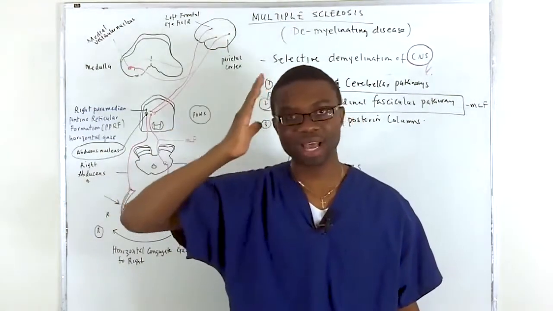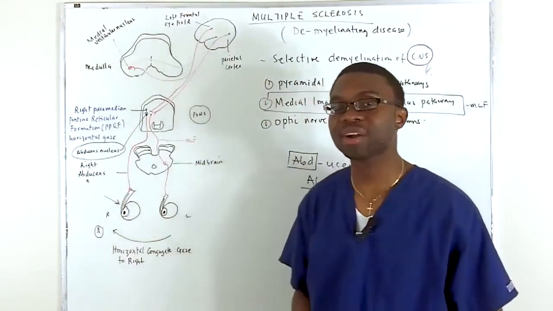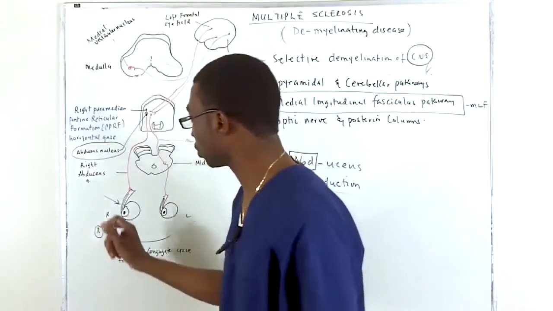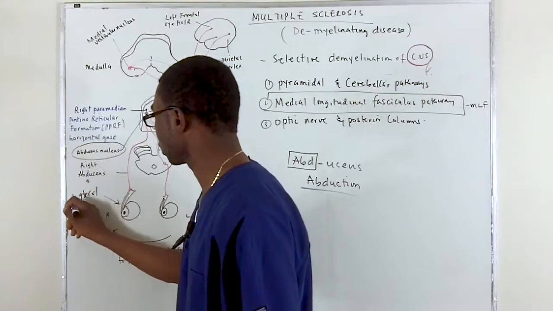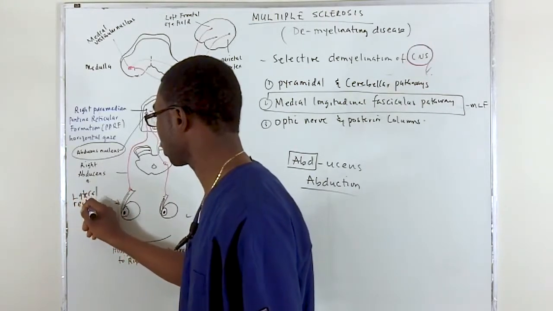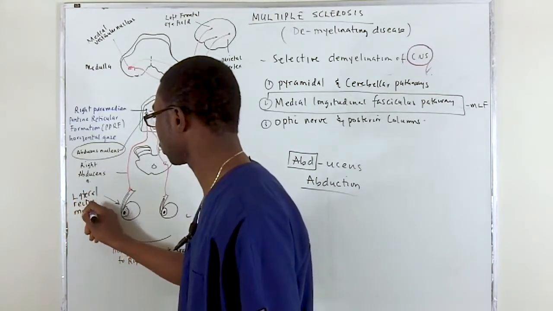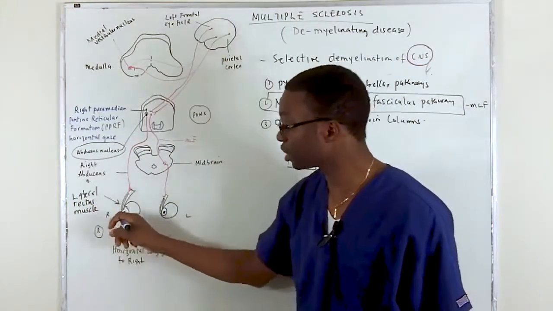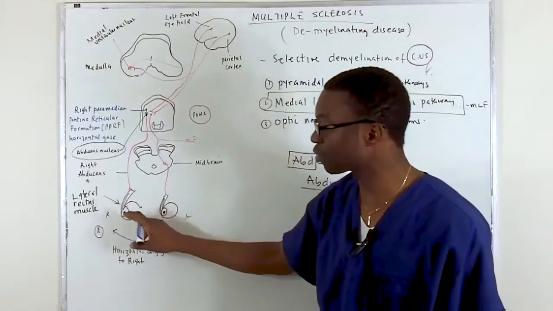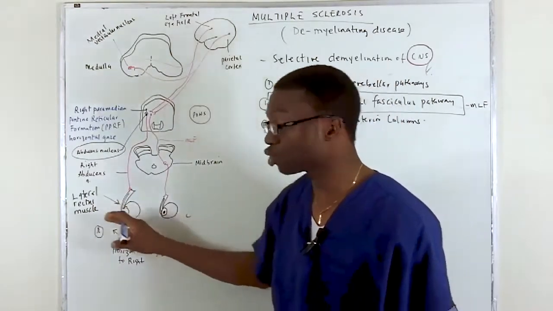It's on the lateral side, so that is called the lateral rectus muscle inside the eyeball, and that is that muscle right there, because its job is to pull just my right globe, my right eye, towards the right.